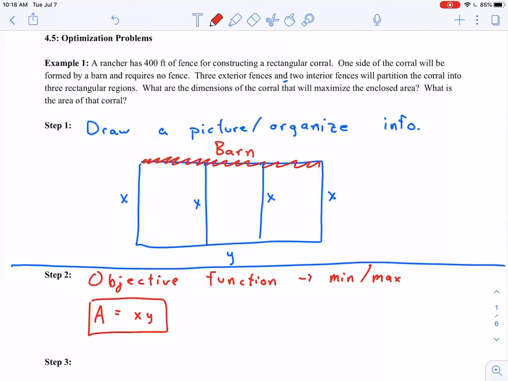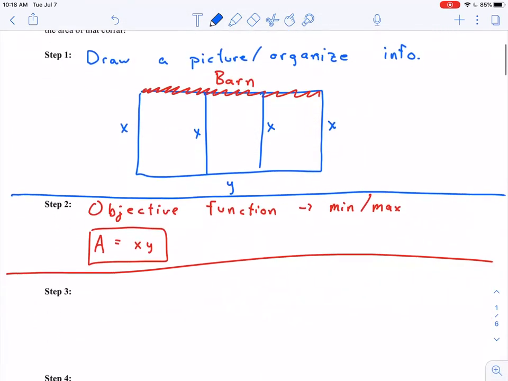But this looks a little bit different from a lot of the other functions that we've worked with so far because we've got 2 variables here. So we don't necessarily know how to optimize a function with 2 variables. So we need to see if we can simplify this function somehow, and that's what we're going to start to do in step 3. We're going to identify your constraints here.